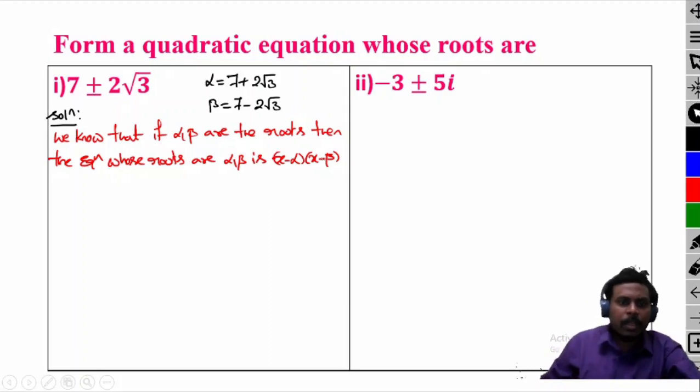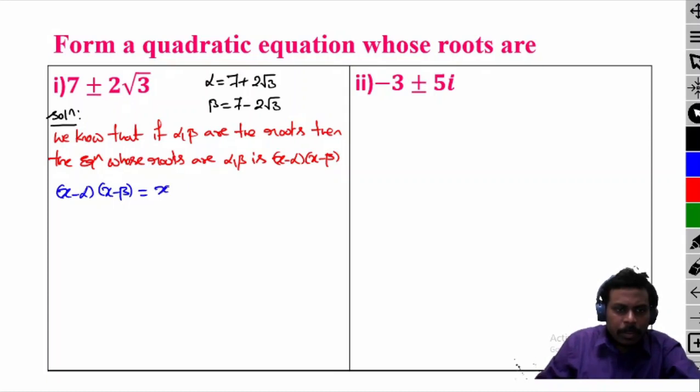Here we are taking a monic polynomial actually. Now this x minus alpha into x minus beta is equal to x square minus of alpha plus beta into x plus alpha into beta.